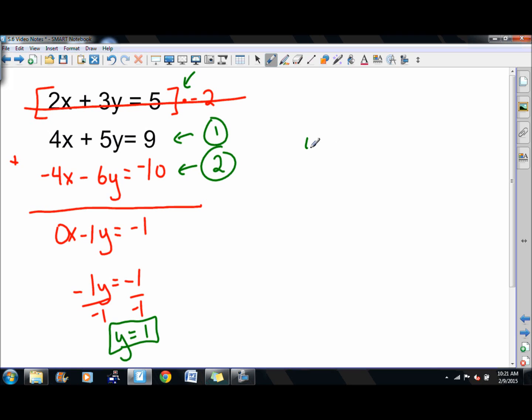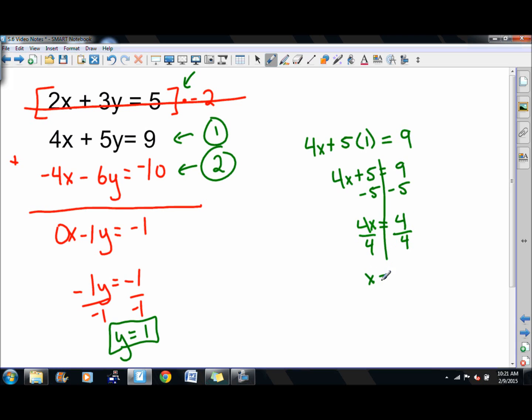So I'm going to get 4x plus 5 times 1 is equal to 9. So I get 4x plus 5 is equal to 9. And now I can solve. So I get 4x is equal to 4. And so I get x is equal to 1.